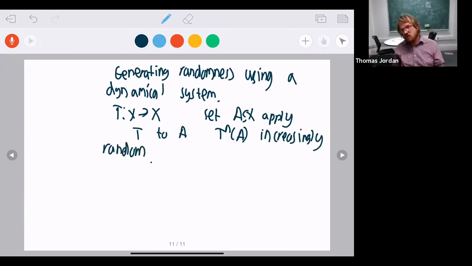So this is really what we want in order to have a dynamical system which generates randomness. So we have a map from X to X, we're given some set A containing an x, and if we keep on applying T to A, then it becomes increasingly randomly distributed.